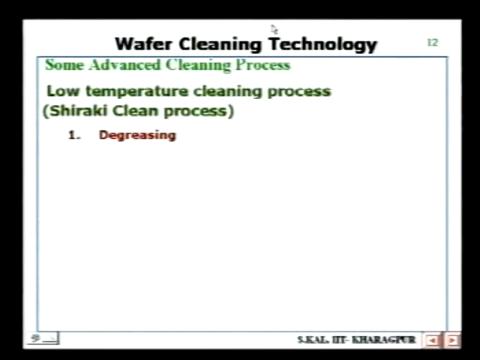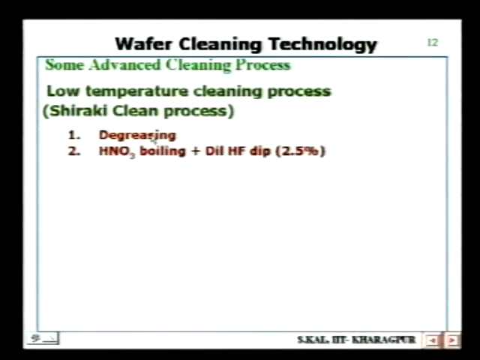Here the cleaning means the removal of native oxide, so that the redistribution of the impurity before epitaxial growth is prohibited. In that particular process, we follow first degreasing and then hot HNO3 boiling.